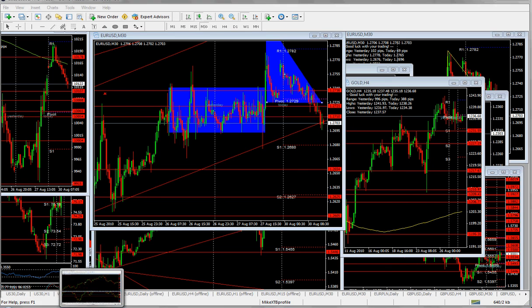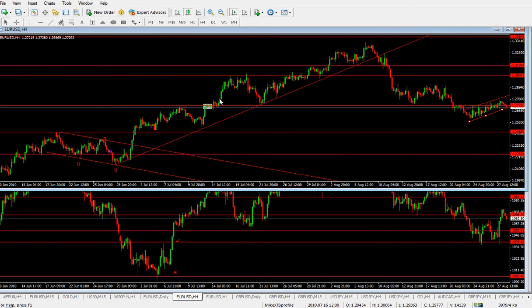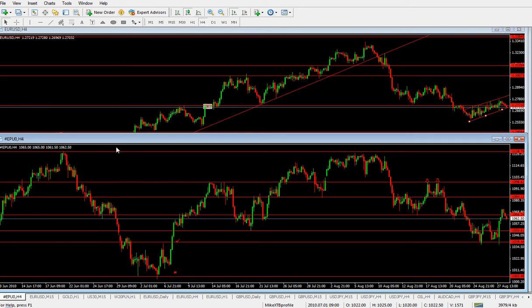So right now we're going to come into this 4-hour chart where we have euro-dollar at the top, and we've got S&P mini contracts.